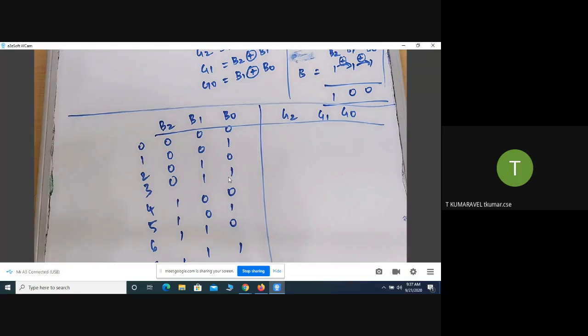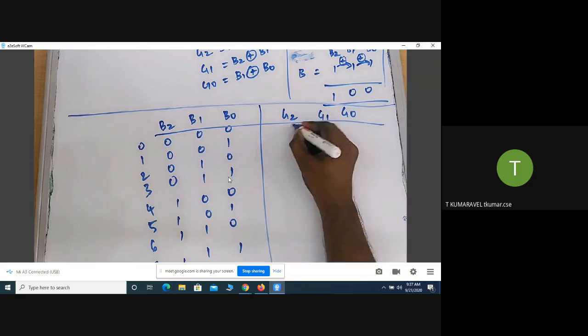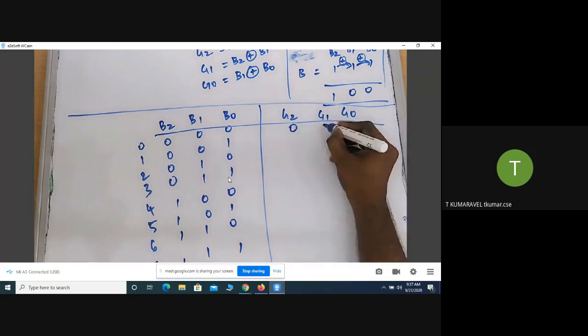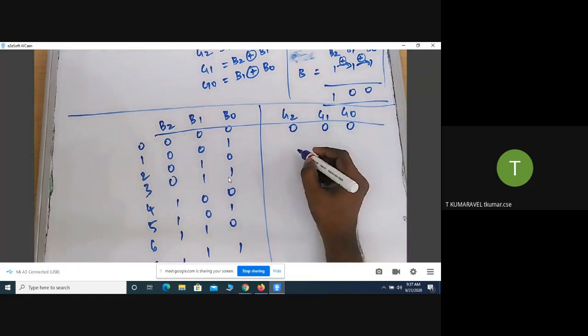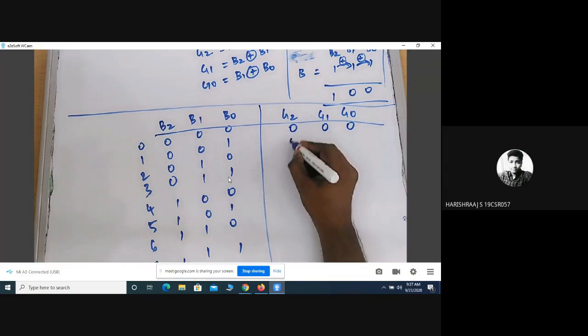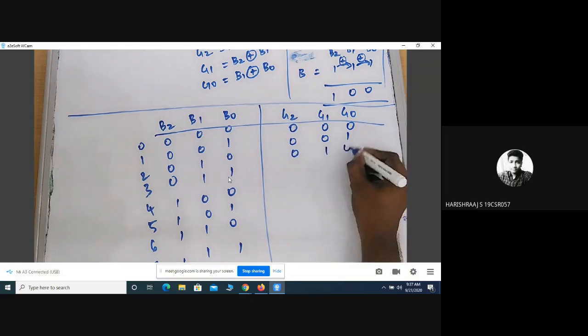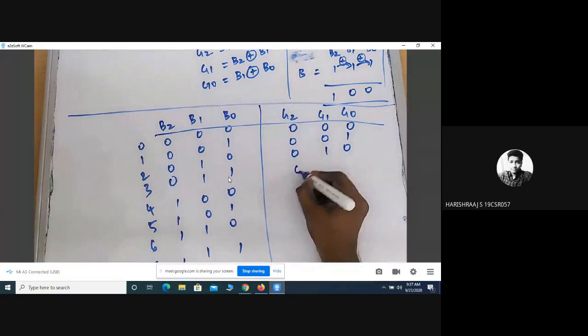So what is the answer for the first input combination? 0, 0, 0. What about the next case? 0, 0, 1. 0, 1, 0. 0, 1, 1. 1, 0, 0. 1, 0, 1. 1, 1, 0. 1, 1, 1.